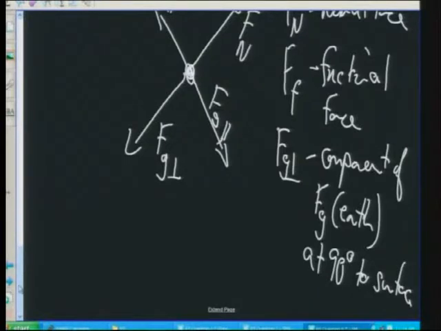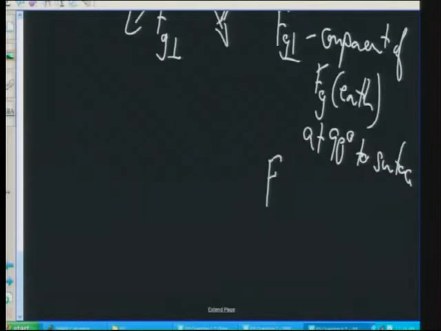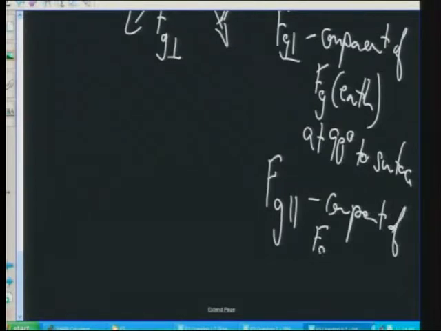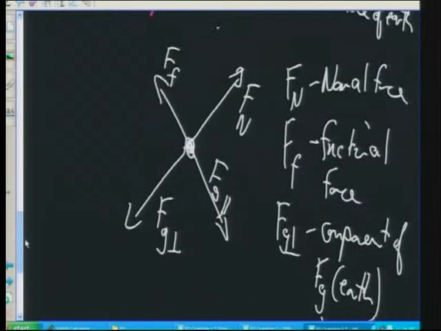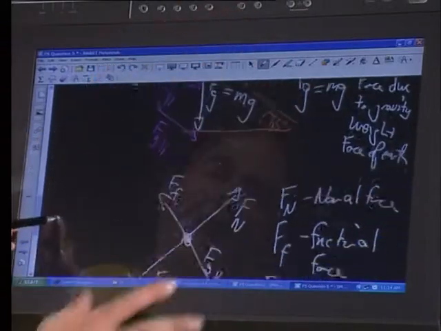And then the last one, we're going to say Fg parallel, and this is the component of Fg, which is equal to mg, that is parallel to the surface. Now, I really encourage you to make sure you understand these two diagrams, and that you make sure that you can break things into components, because sometimes you're required to use them. Let's move on to the next part of the question.